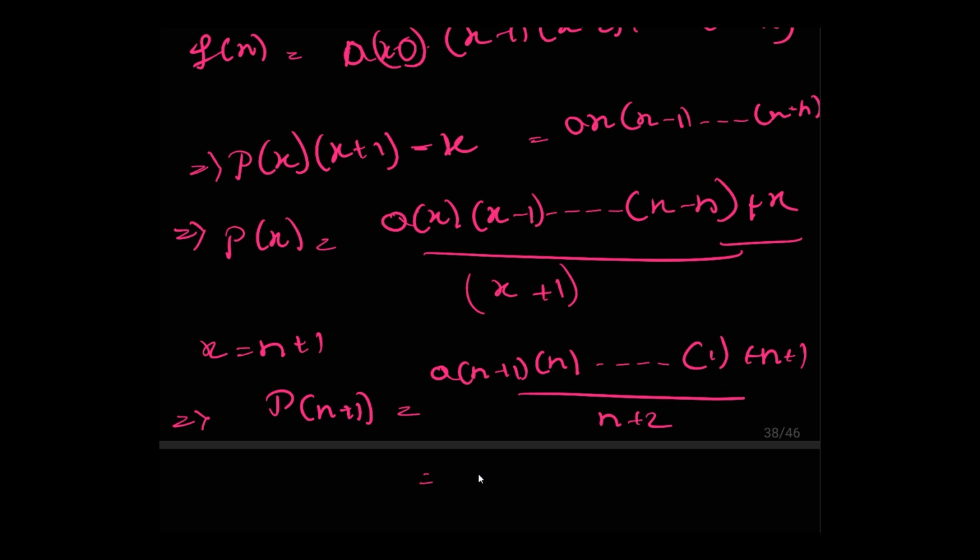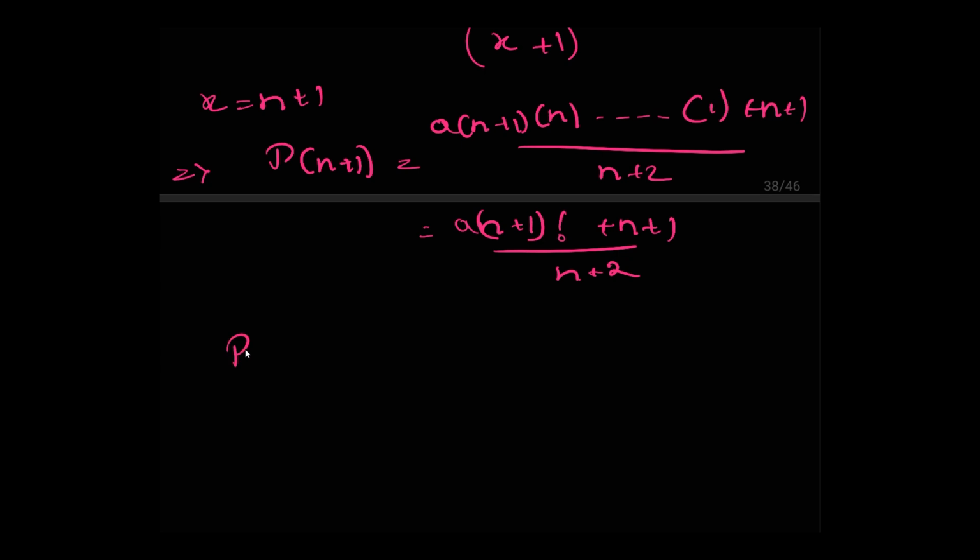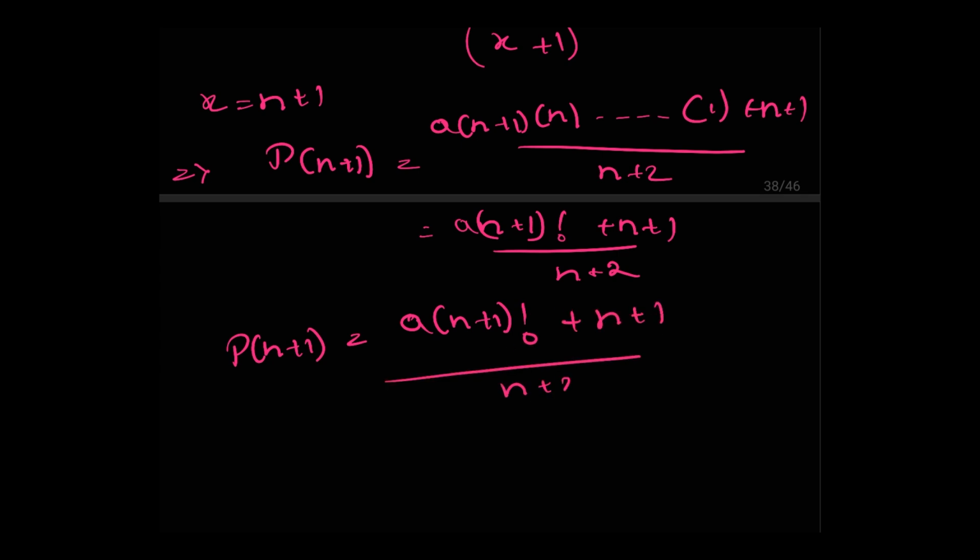That means n plus 1 factorial into a, plus n plus 1 by n plus 2. Now we got p of n plus 1 as a times n plus 1 whole factorial plus n plus 1 by n plus 2. Now what is a?